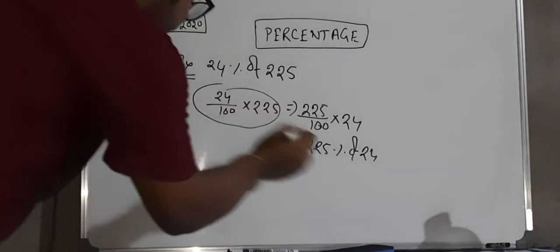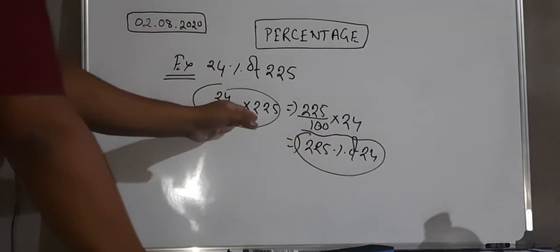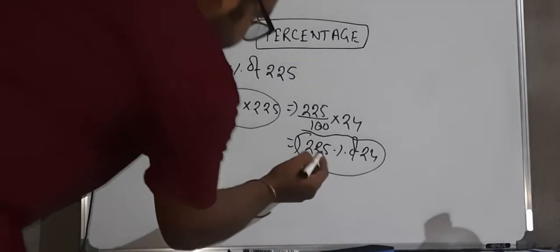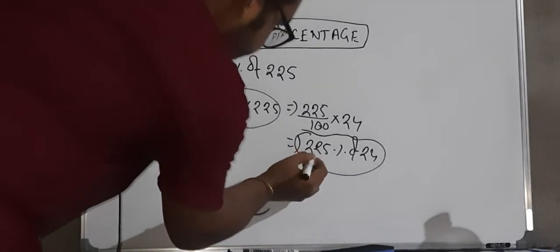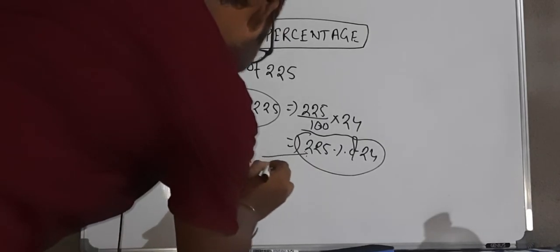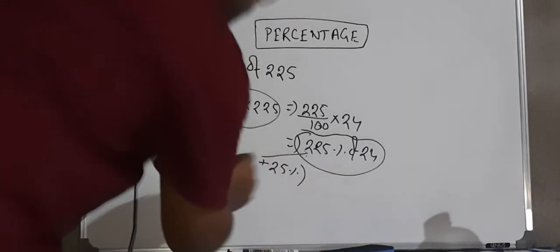225% of 24. Now, like I have done in the previous question, break 225% into two parts: 200% plus 25% of 24.